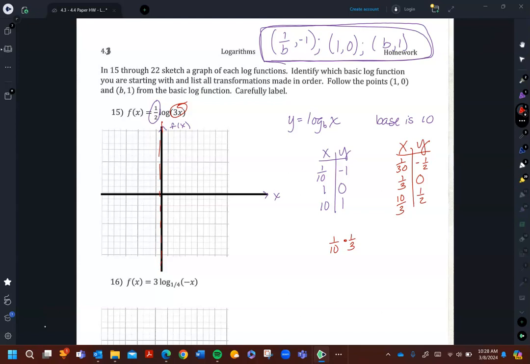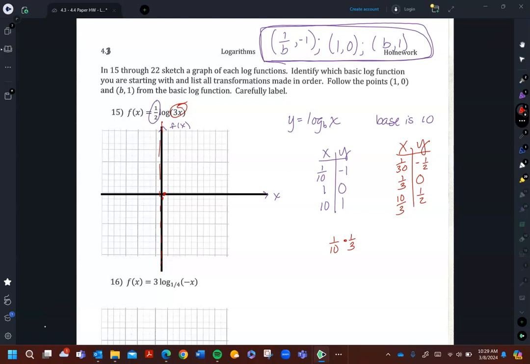And then we're going to plot our points, our (1/3, 0) right in there. And then our (1/30, -1/2) would be really pretty small right in there, almost touching.